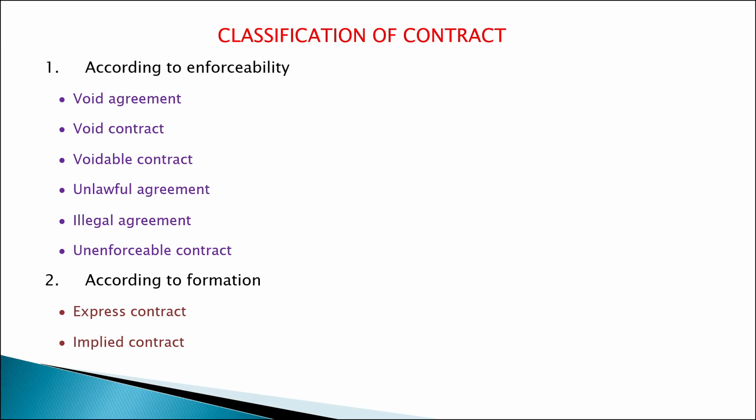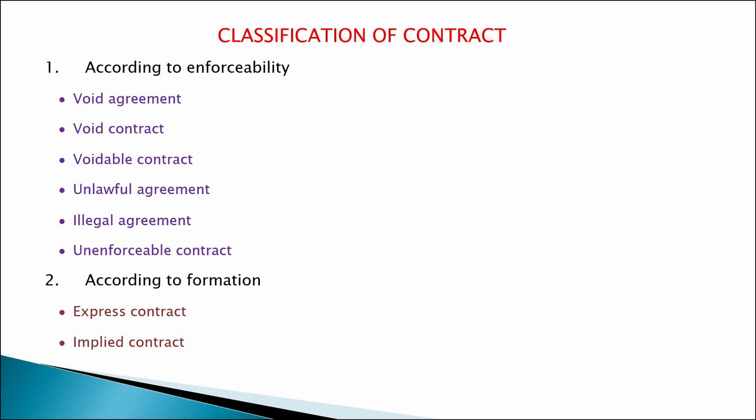The last one of this classification is quasi contract. It is not actually entered into by the parties but is something imposed on a party by law. It is based on the principle that a person shall not be allowed to enjoy certain benefits unreasonably at the cost of another.